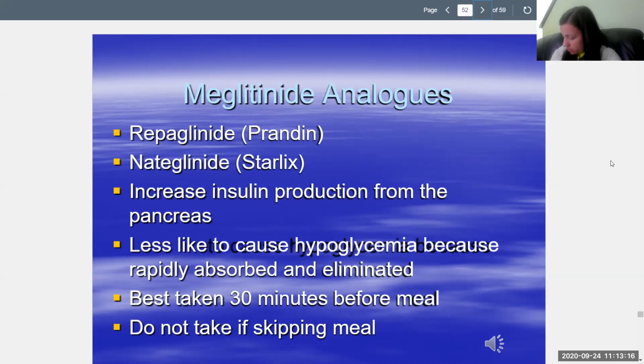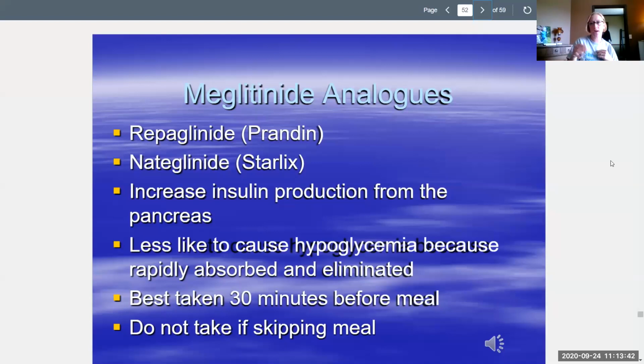Okay. It might just say in the question that the patient is on repaglinide. It's not that it's going to ask you what class it is, but just knowing that it works in the pancreas will help you know the class and where it works, and what meds are involved.